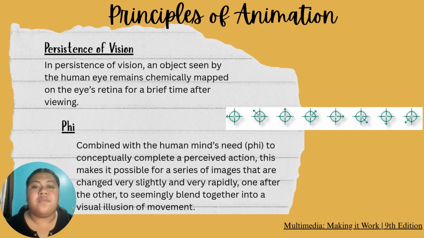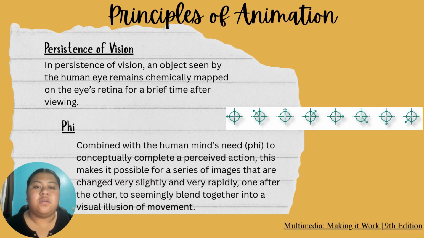For the principles of animation, it's divided in two main categories: persistence of vision and phi. According to the textbook, in the persistence of vision, an object seen by the human eye remains chemically mapped on the eye's retina for a brief time after viewing.